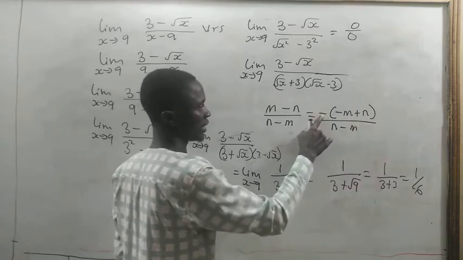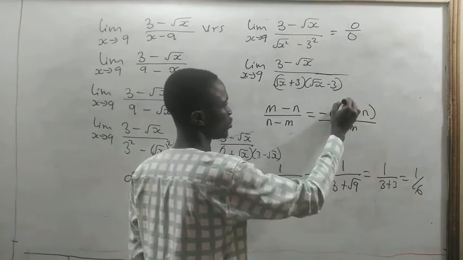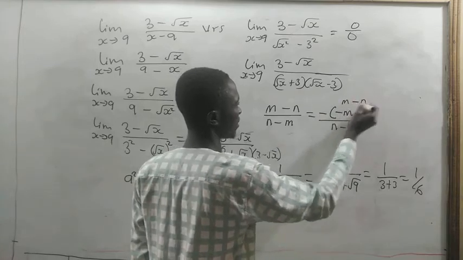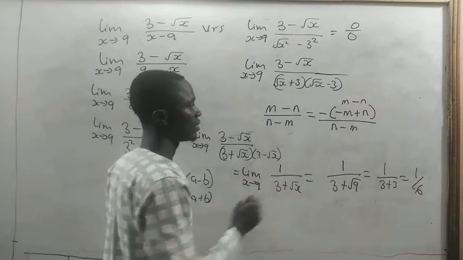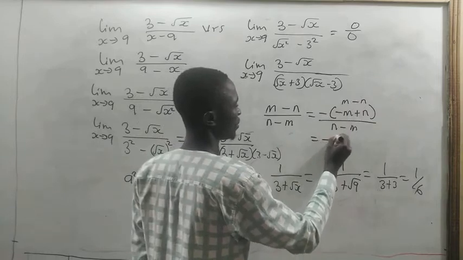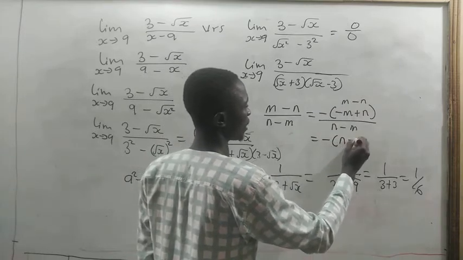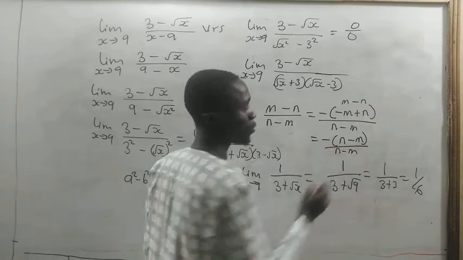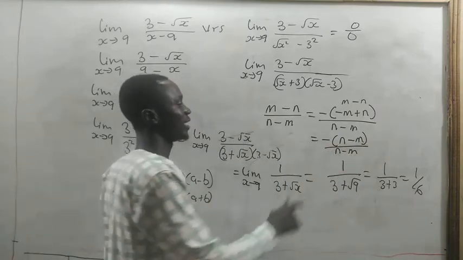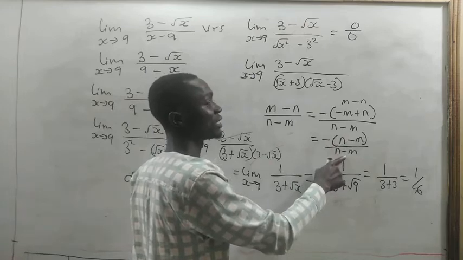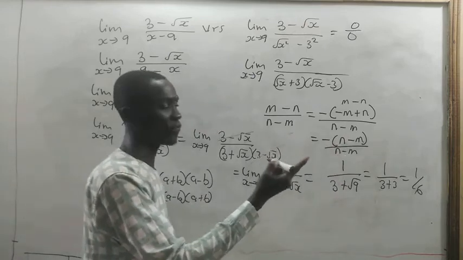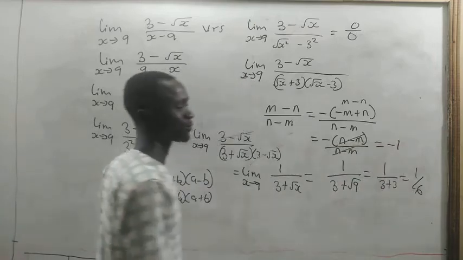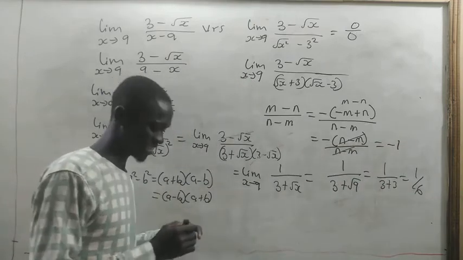See that? Negative times negative will give me positive m. Negative times positive will give me negative n. So this is the same as negative into bracket n minus m divided by n minus m. Wow! And the numerator and the denominator have a common factor that can be cancelled out for us to get -1. Check it out.